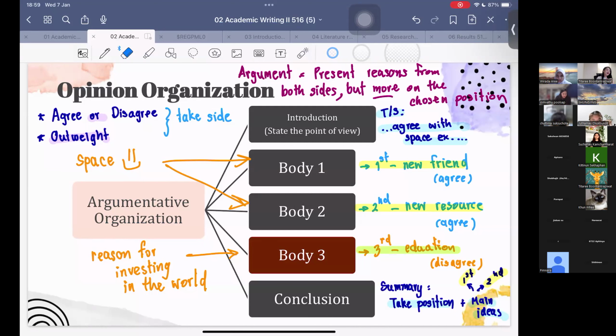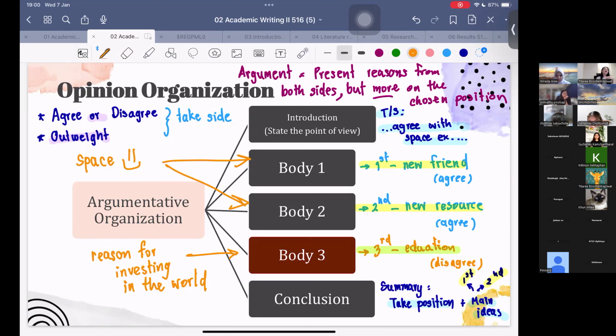What it means is that, again, let's go back to the space exploration question. Again, the question is, do you agree? Do you think we should invest in space exploration? And the choice that I go for is that I believe we should go for space.